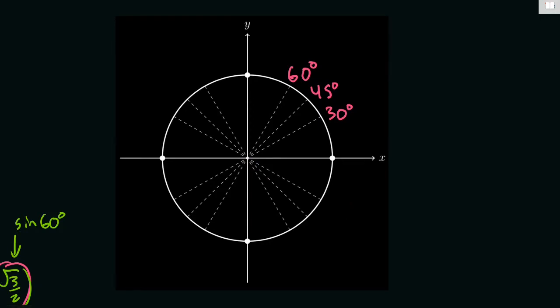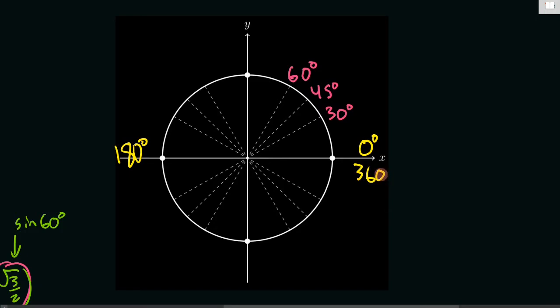Now because we're always talking about triangles that come up from the x-axis, we always want to think about our angles as coming from the x-axis. So yes, straight up is 90 degrees, but we don't want to think about doing anything from 90 degrees. So usually I don't even label the 90 at all. We're going to label our 0 degrees. We're going to label our 180 degrees, which is straight left, and we're going to label 360 degrees here.